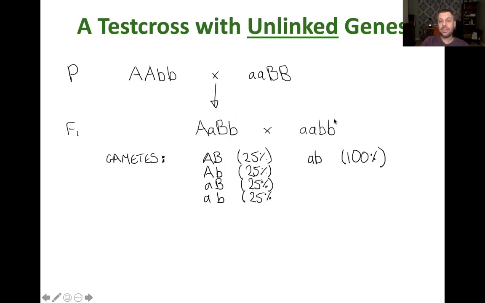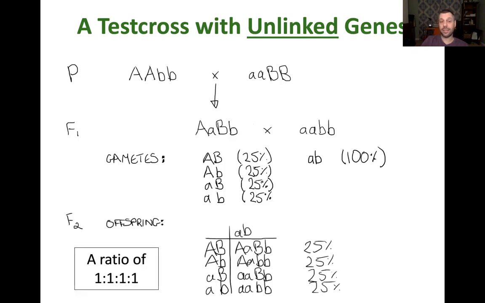Now, if I was then to do this test cross and I was to write out a Punnett square for it, I should come up with something that looks like this. So in this cross scheme, the F2 generation would be all of these gametes crossed to this single type of gamete, giving us this relatively small Punnett square, and you would get four differently looking individuals, and the ratio would be 1 to 1 to 1 to 1, because it's a test cross.